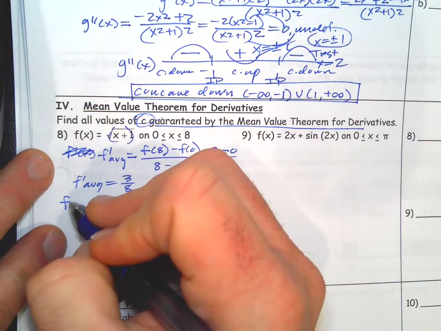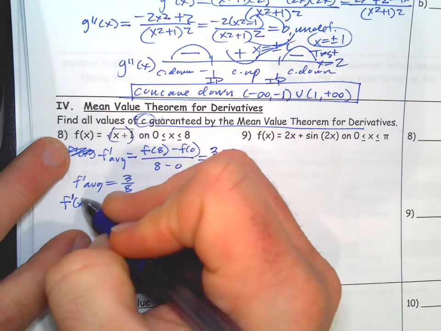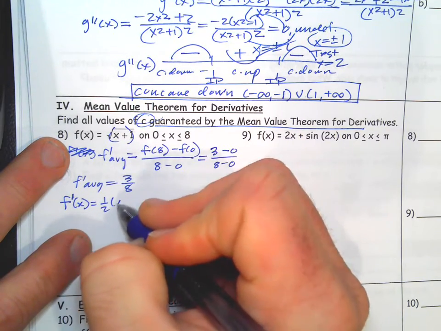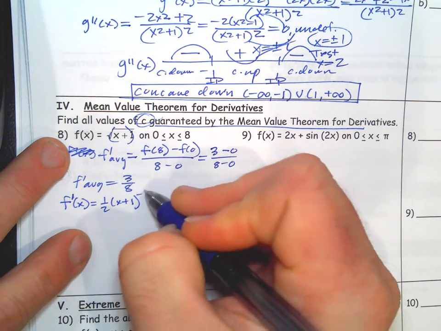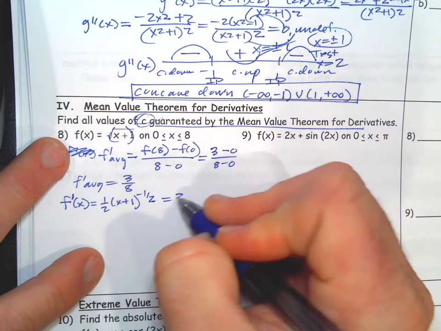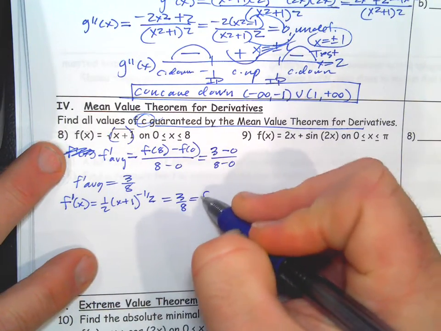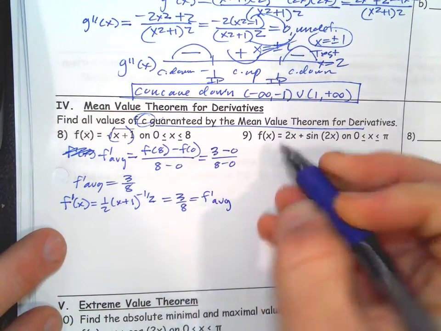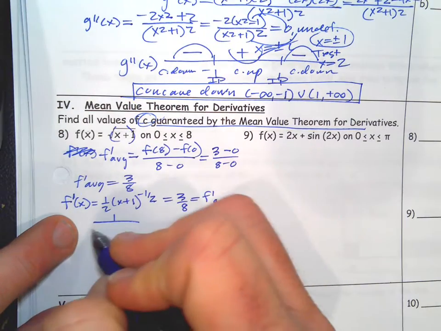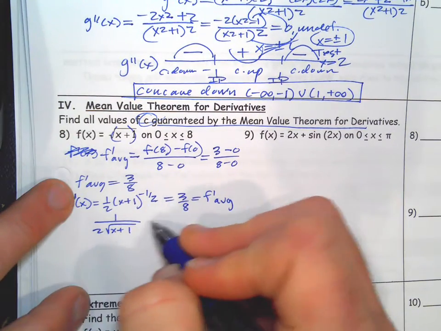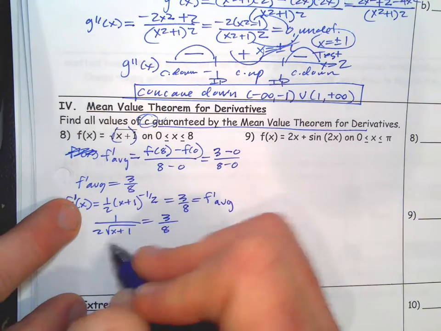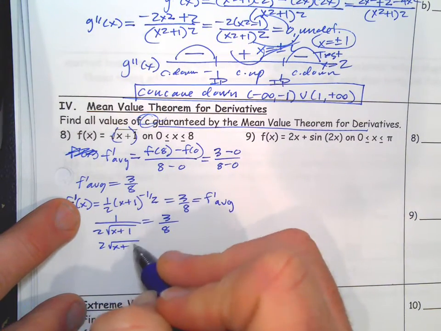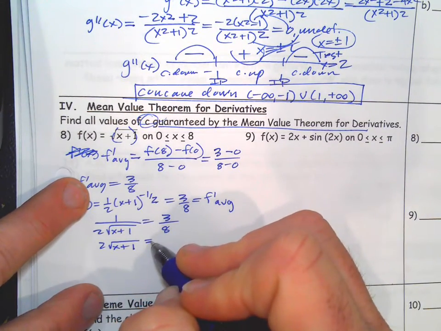So then we're going to find the actual derivative. It's going to be 1/2 times (x plus 1) to the negative 1/2, and we're going to set it equal to the average derivative to figure out where that happens. We could rewrite this in a nicer form. We could flip both sides upside down or even cross multiply.